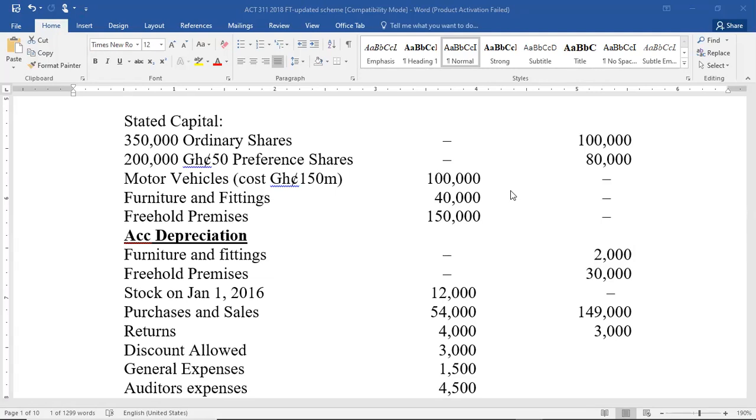How much are you getting? 42,000. 42,000, fantastic. So subtract the 42,000 from the 150,000. How much are you getting?